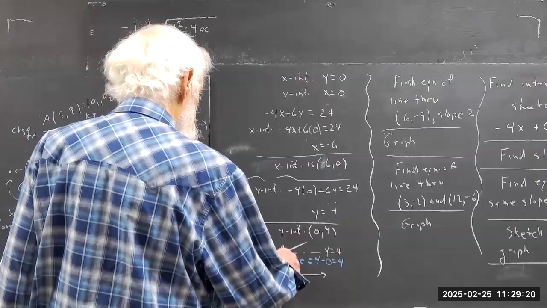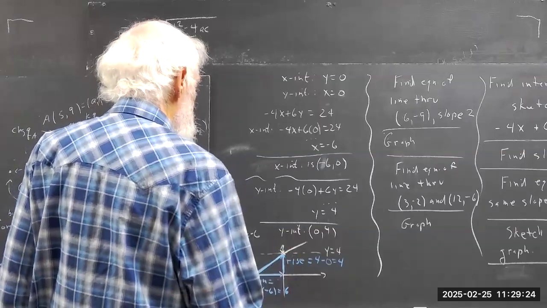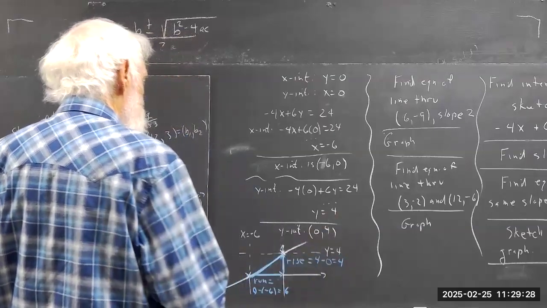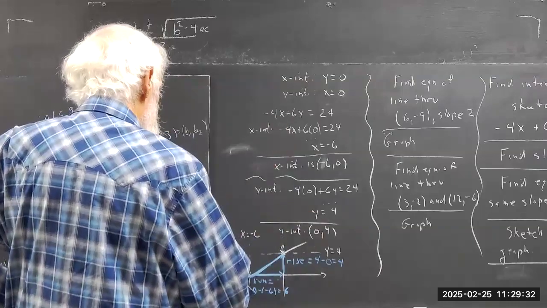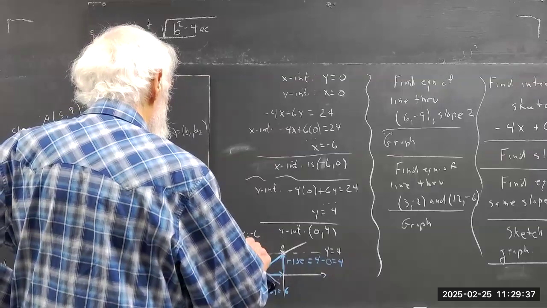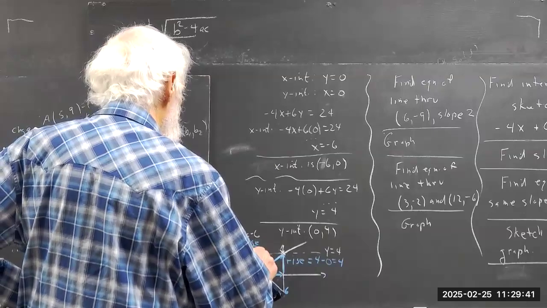Then we complete this triangle, so that we've got this line that's on the line that we're graphing. And we say slope equals rise divided by run.